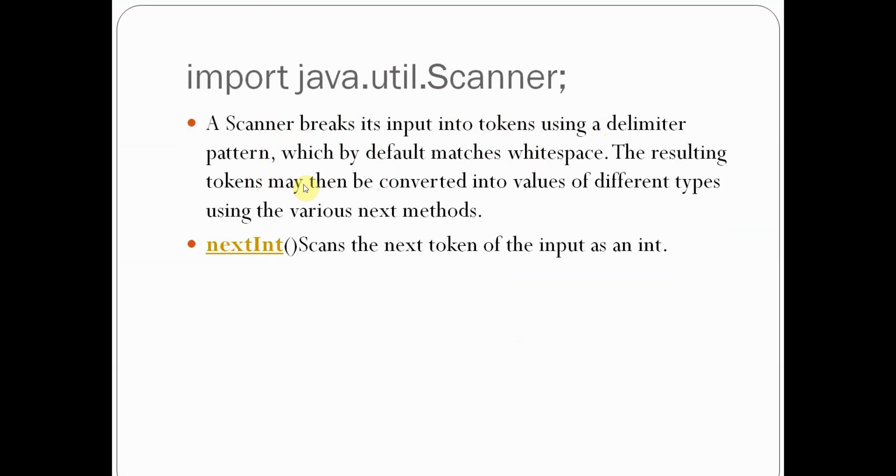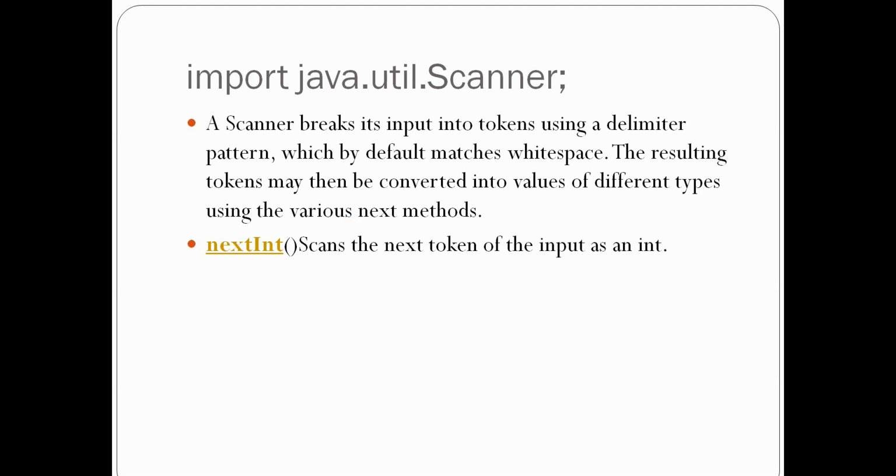The resulting tokens can then be converted into values of different types using the various next methods. We usually give the input separated by spaces, called white space, and you can give any number of spaces. Each token needs to be read as an integer.